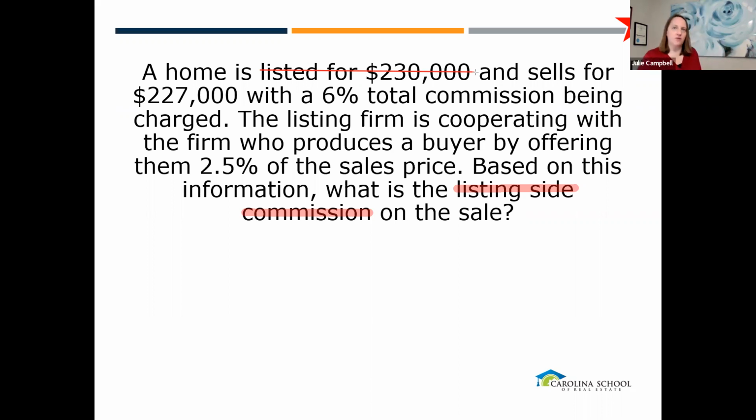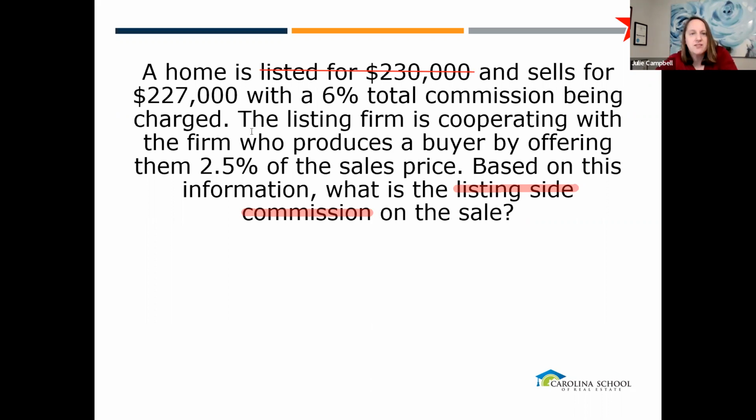So by knowing the formulas, by knowing what numbers we're looking for, if you don't know the formula, remember, all formulas go on a flashcard or a piece of paper in your notebook that says formulas. Somehow we got to know these formulas. Because if you don't know the formula, you don't know how to work it. If you're trying to do something with that $230,000, you have allowed the distractor to win. So we know the formula, and you guys did great. We all know that we're focusing on the sales price.